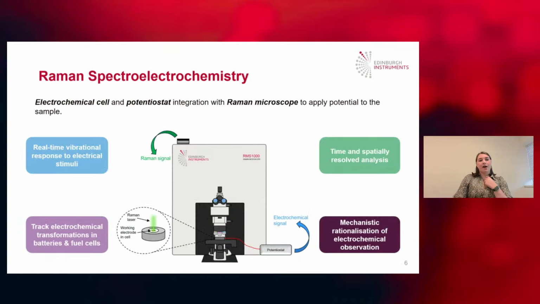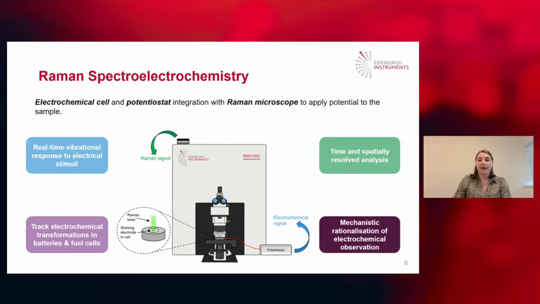So moving on to Raman spectroscopy-based electrochemistry, we want to couple these 2 components with our Raman microscope. That will allow us to apply a potential across a sample while simultaneously collecting spectroscopic data. In order to perform measurements, we'd have our material of interest in our working cell. This would be placed on the microscope, and the laser would be focused on the sample through the window of the cell.